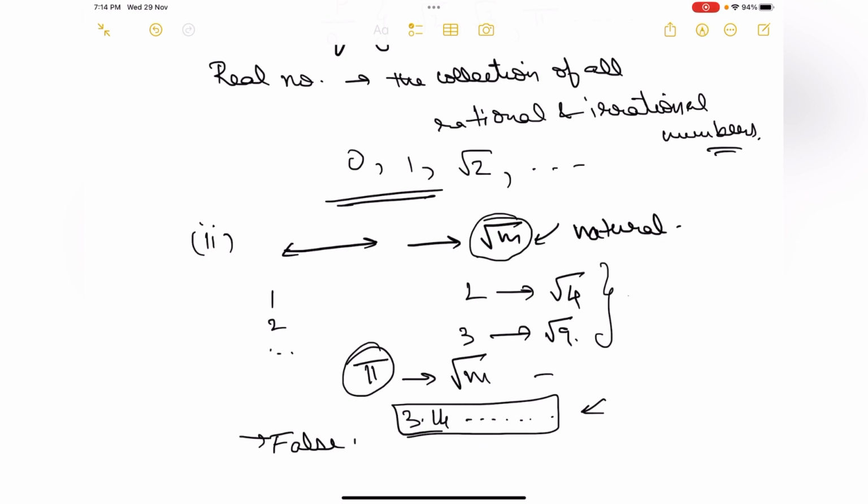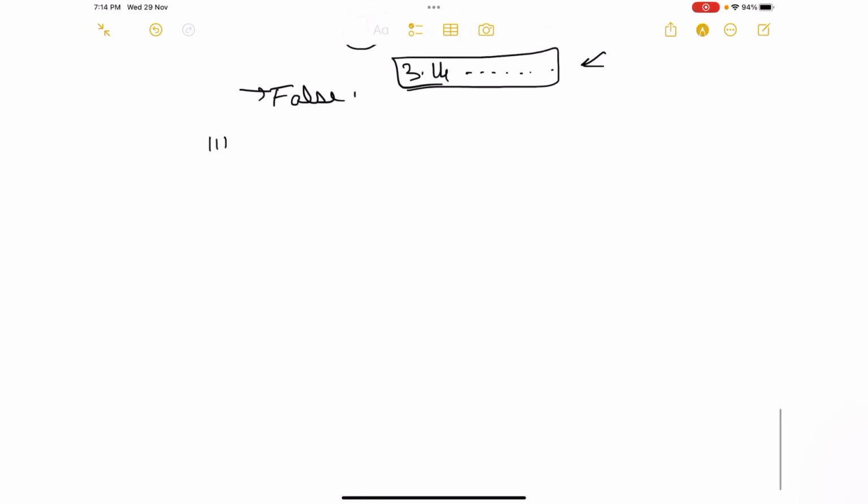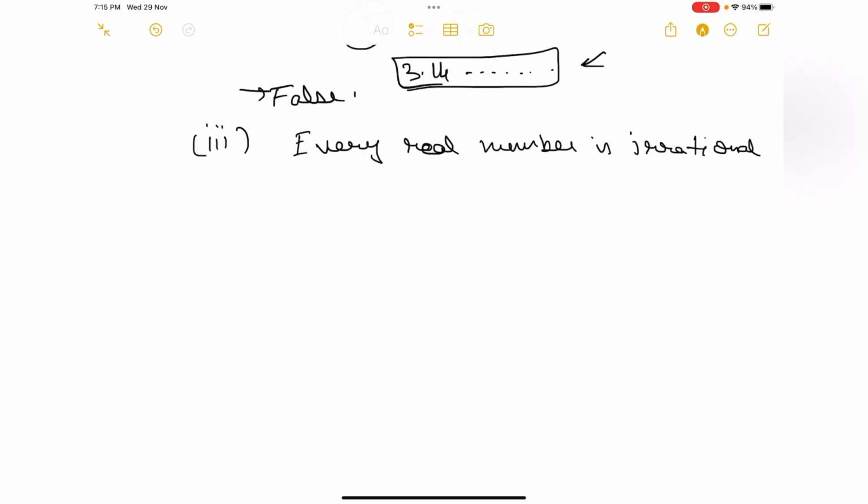Now, moving on to the third statement given in this question. Every real number is irrational. This is directly false, right? What is a real number?